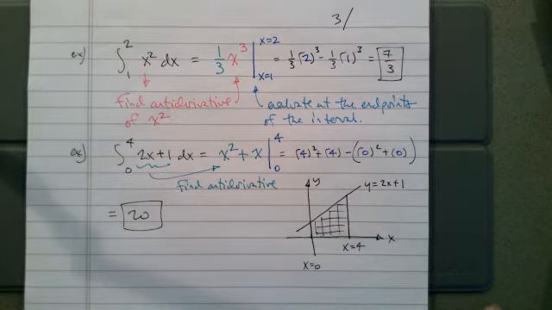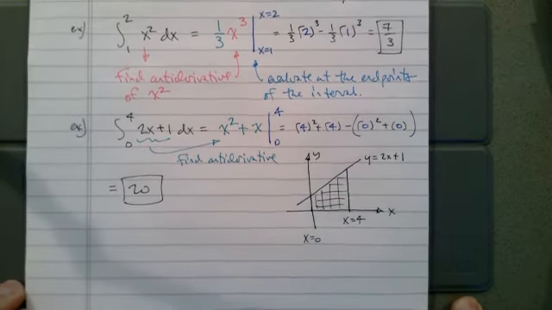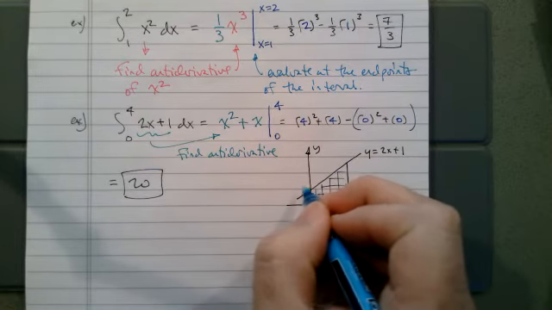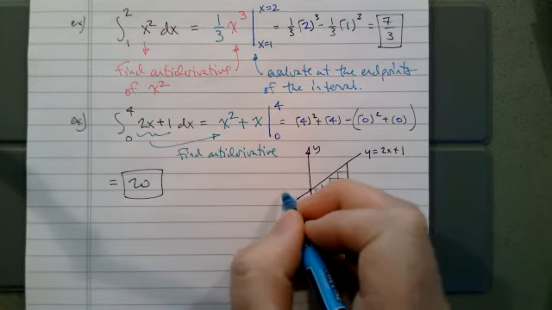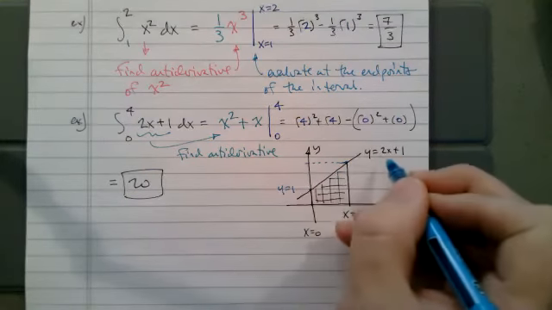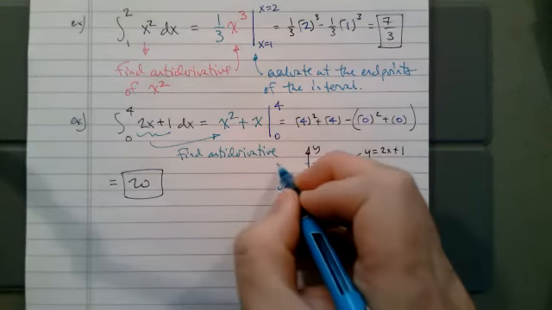We can see that in this case, the shape is a trapezoid. The area under the line 2x plus 1 and above the interval from 0 to 4 forms a trapezoid. If I look at the two heights, the height here is 1, and the height here, 2 times 4 is 8, plus 1 is 9.